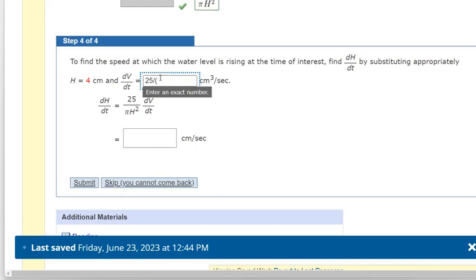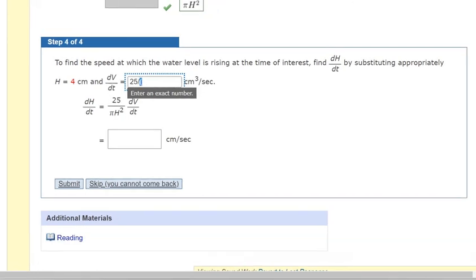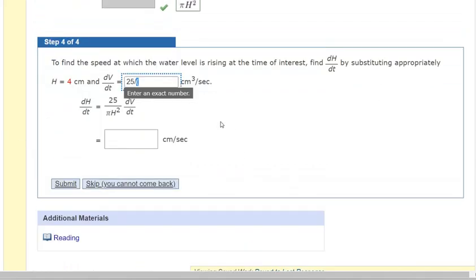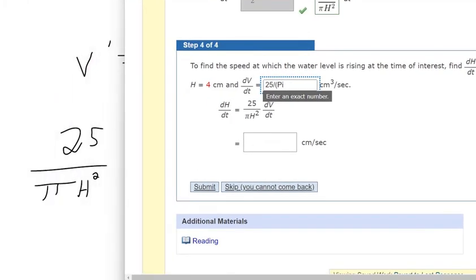Enter the exact number, but they're not giving me the ability to type in pi. Forgot what it is in WebAssign. Did they do lowercase pi or uppercase? It's pi times 4 squared, right? When we substitute 4 in there.